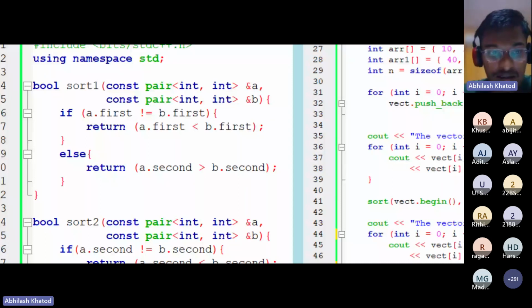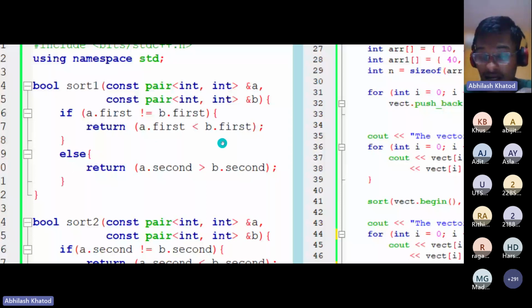Two pairs of integers. Now, if a dot first is not equal to b dot first, which means the first element of the first pair is not equal to the first element of the second pair, then return a dot first is less than b dot first, that is the first element of the first pair is less than the first element of the second pair.